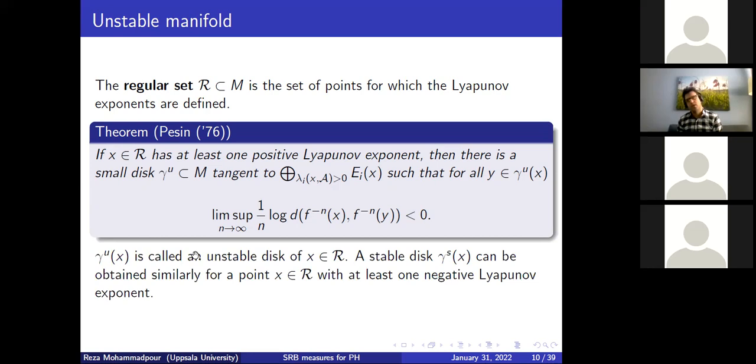And gamma u is called the unstable disk, or Pesin unstable disk, of x belonging to the regular set.